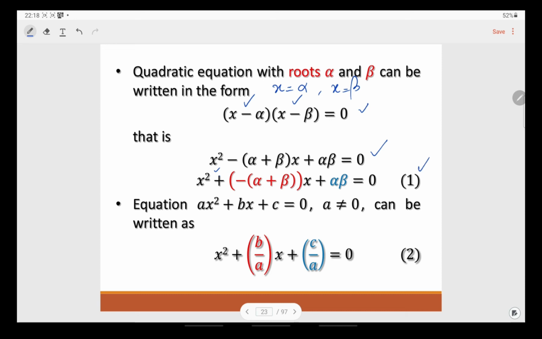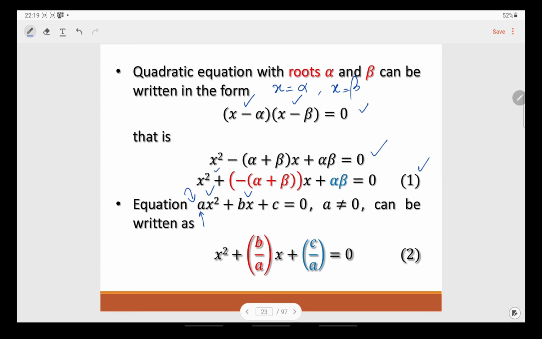For the quadratic equation ax squared plus bx plus c equals 0, because the coefficient of x squared is a, we can change it to become 1 by dividing all the items in this equation by a, or by multiplying each item by 1 over a, because we want to eliminate a.